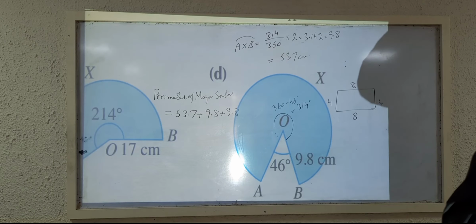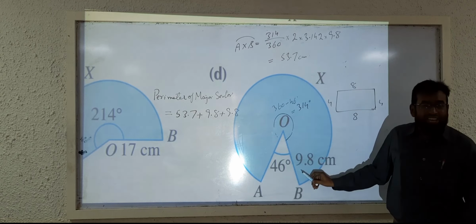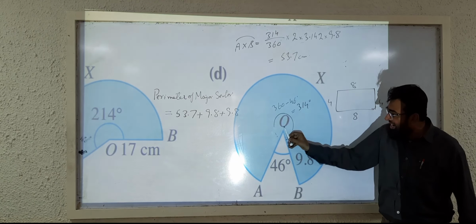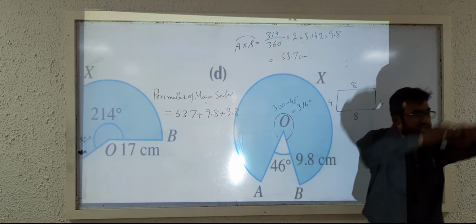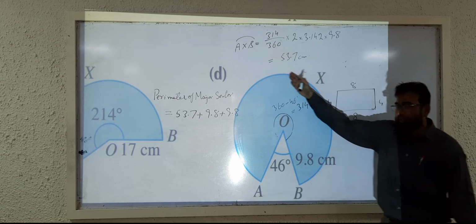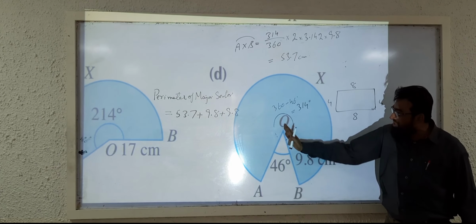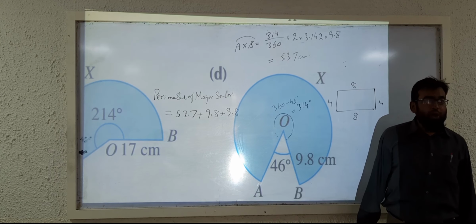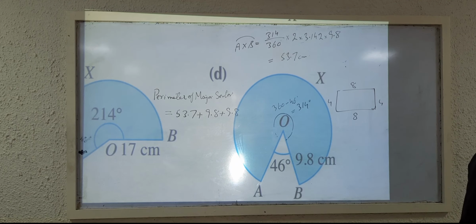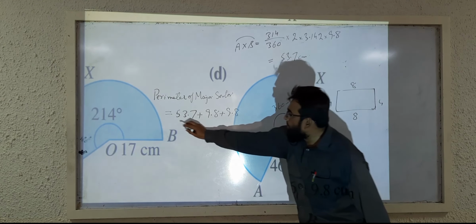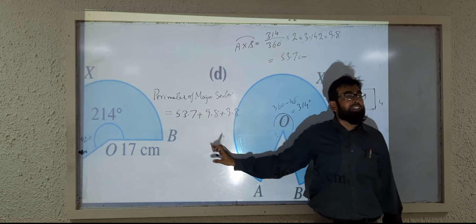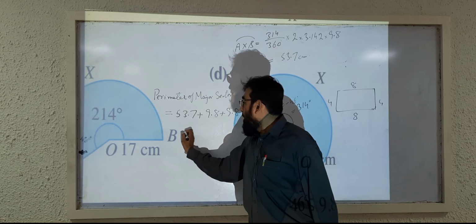Sum of all sides. So what are the sides of this sector? One is the arc, this side and this side. You will have to sum all the sides to find the perimeter. Whatever the outer boundary of the shape, you add up all those boundaries. So here this boundary is the arc length, plus this radius and this radius. So how much is this completely?